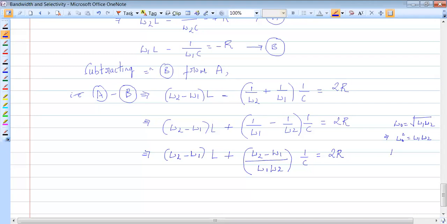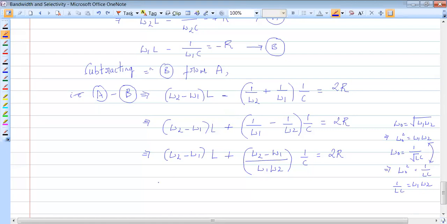I can also write omega naught as 1 by root LC, which further implies omega naught square is 1 by LC. From these two equations, we can say that 1 by LC is omega 1 omega 2. Everybody understand that? We can keep this as the reference.